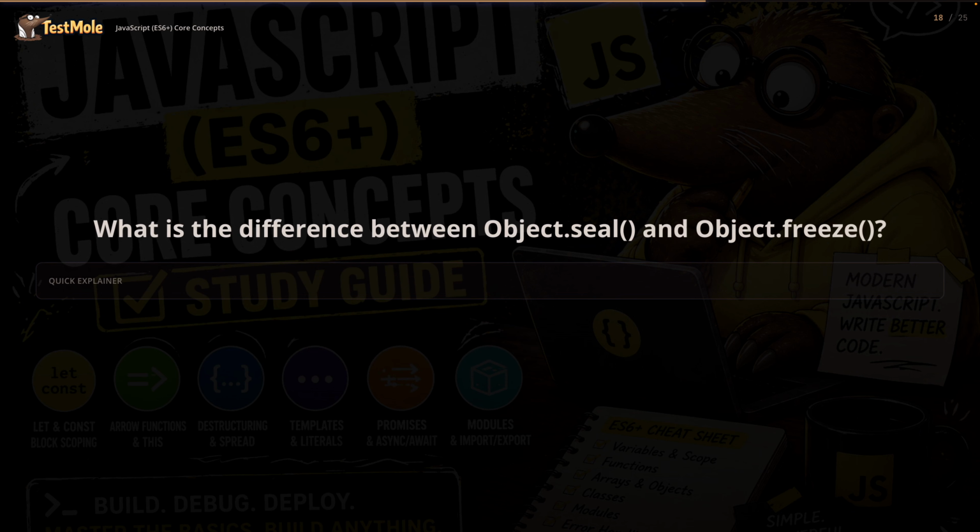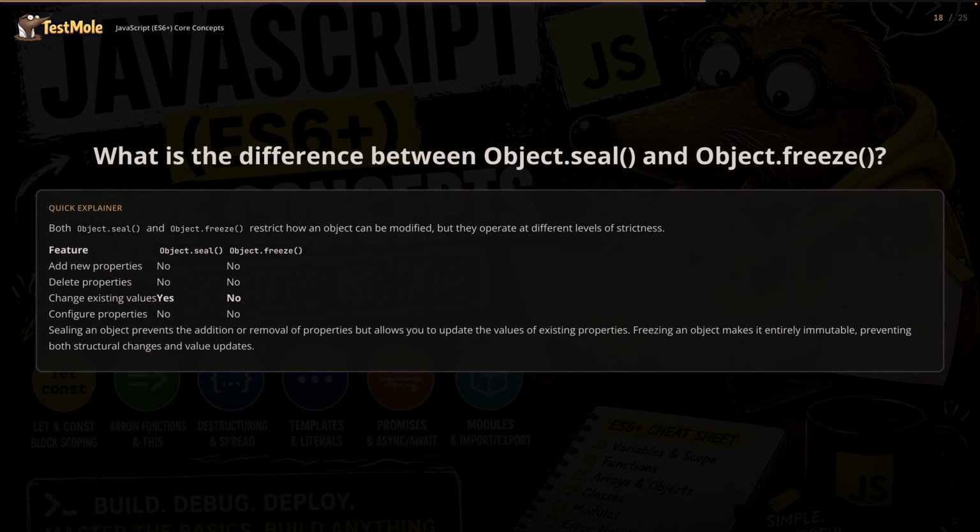What is the difference between Object.seal and Object.freeze? Both Object.seal and Object.freeze restrict how an object can be modified, but they operate at different levels of strictness. Feature: Object.seal, Object.freeze.